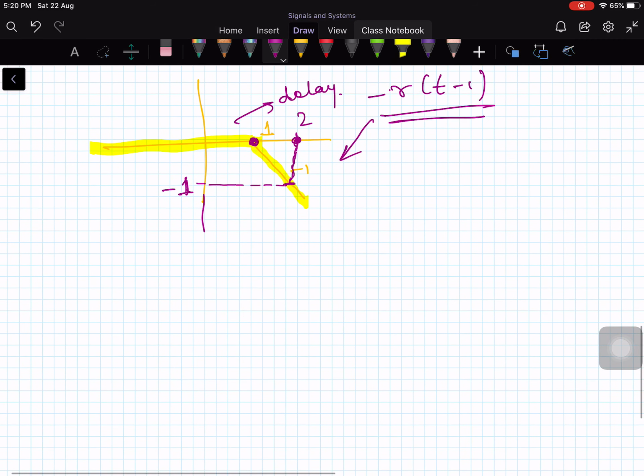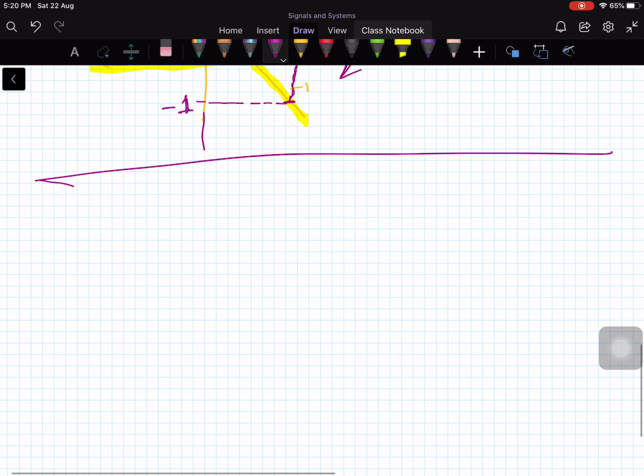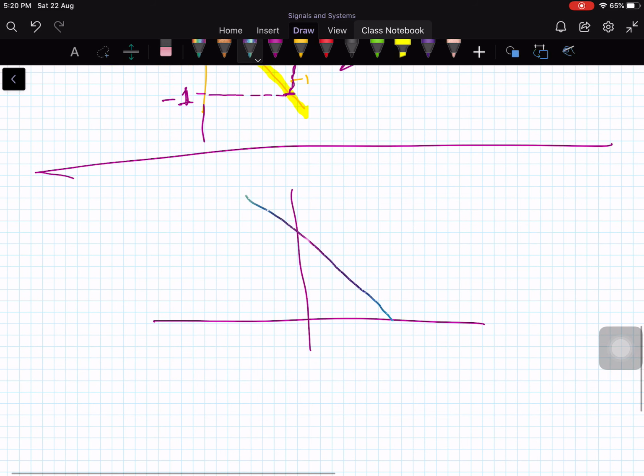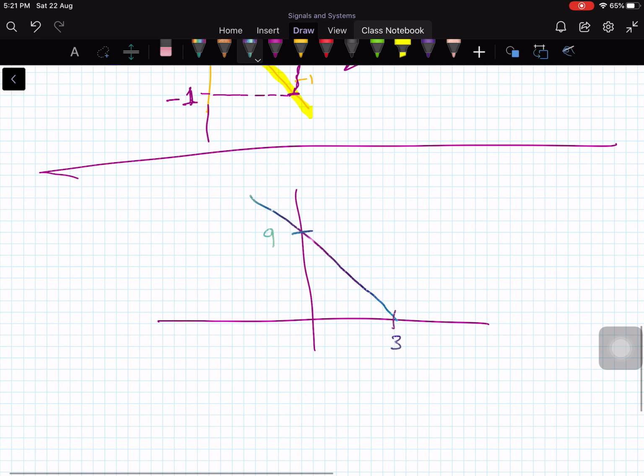Let me take another example like this. I am sorry, this should not come, like this. This point is, let us say 3, and this point is, now it is not 3, it is 9. If you have a function like this, first you find the slope of the signal. What is the slope?